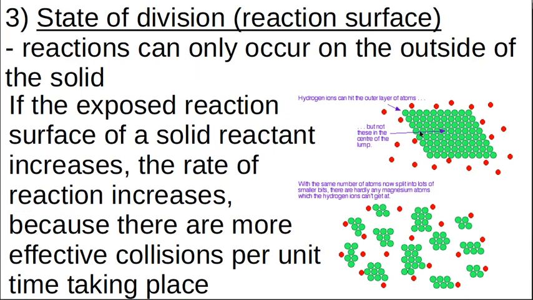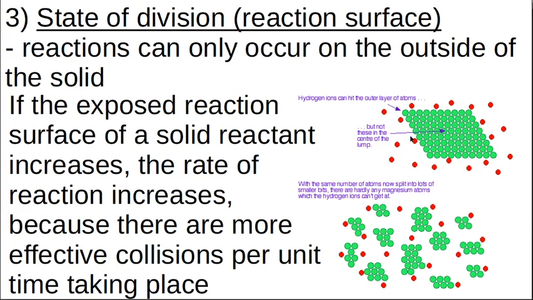So if this is a solid here, the only way these little red things can bump into the green things is on the outsides. So the reaction starts occurring and eating away the outside of the other reactant. The red reactant bangs on the outside of the green reactant. So it can only go as fast as there is surface area.